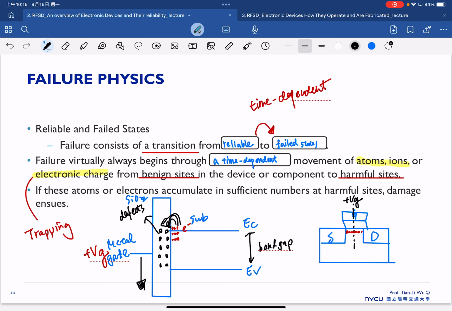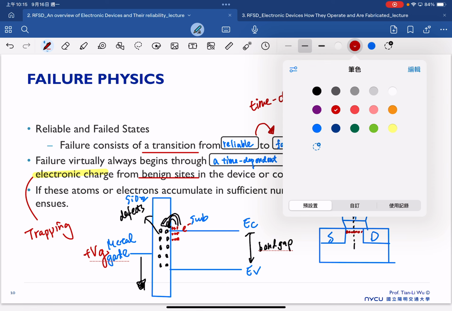As long as we have defects in the dielectric, the electronic charge will also tend to move to the left. That means this electronic charge can start to move from here to this defect place.